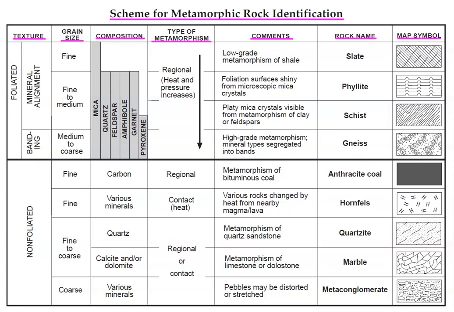As we read down the texture column, we see that there's two primary types of texture. There is a foliated texture and a non-foliated texture. Foliated texture means that there is some sort of pattern, and this is caused by increasing pressure. It starts as mineral alignment, where different mineral grains will start to face the same direction and become aligned together.